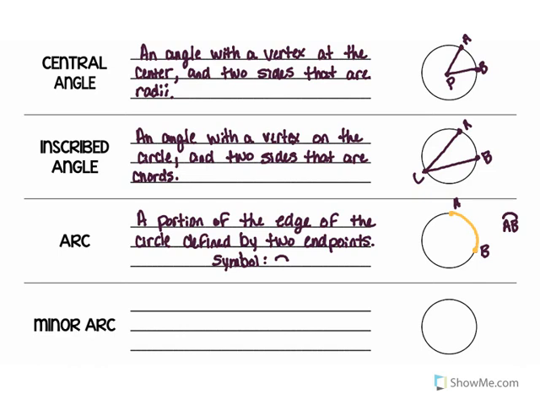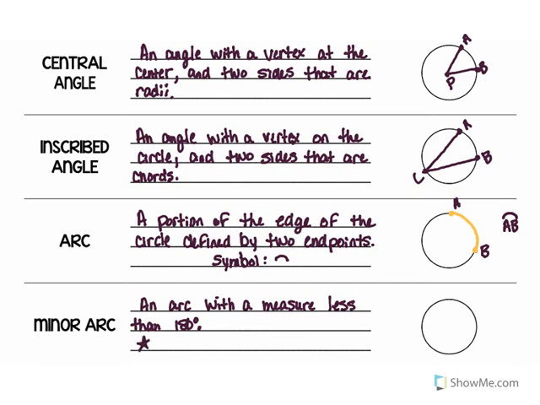Now, a minor arc is an arc with a measure less than 180 degrees. And there's one key I want to point out.